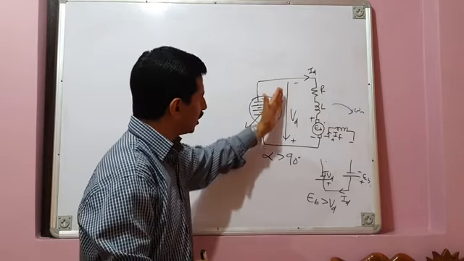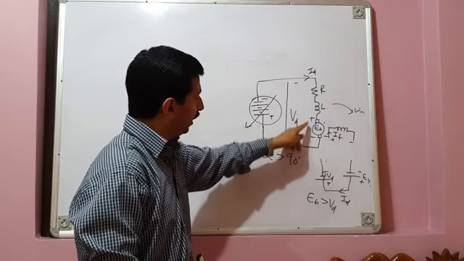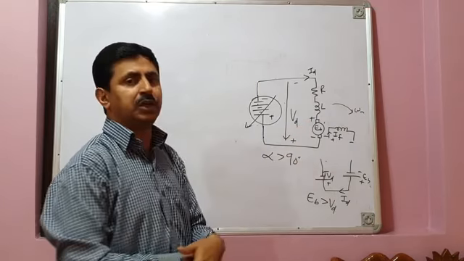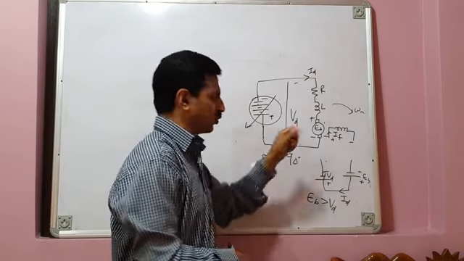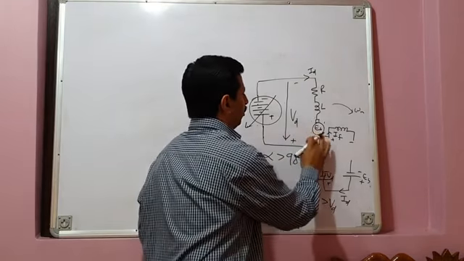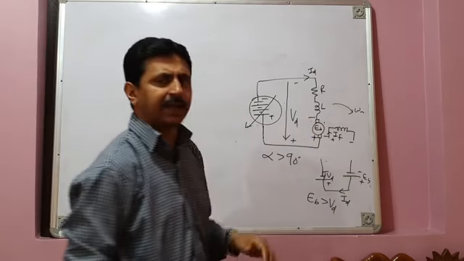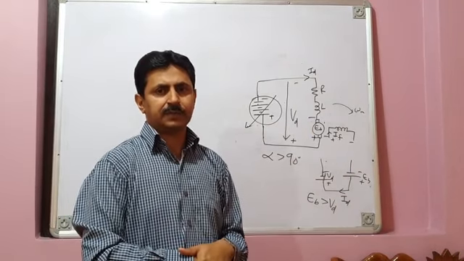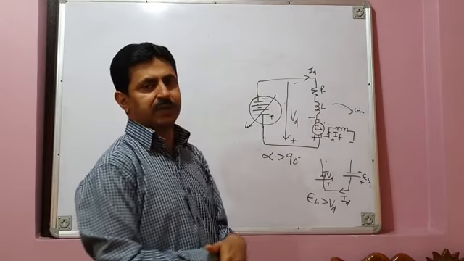So average output voltage of converter becomes negative, and polarity of the motor induced EMF or motor back EMF should also reverse. It should now become plus minus like this, and then inversion will take place. Power flow from load to source will take place.